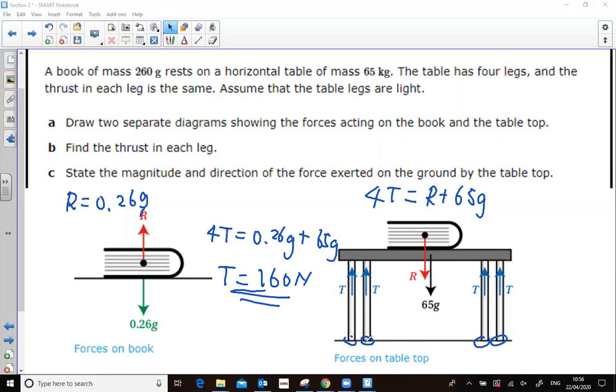So that means the ground will experience the force from the 4 legs. So that will just be 4 lots of T, from part B. So that would be 4 times 160, which is 640 Newton. So this will be the force experienced by the ground, and that will be directly downwards.